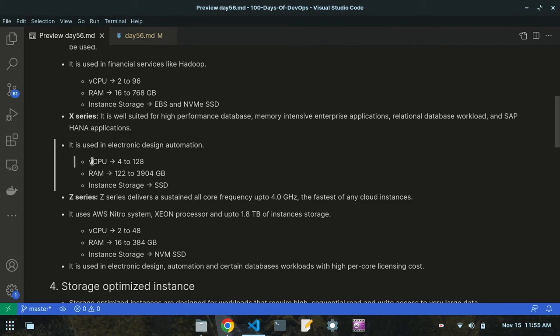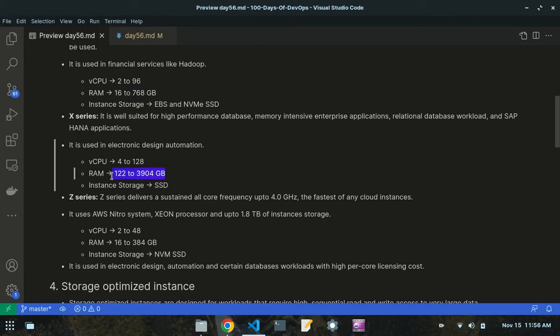As you can see, the virtual CPUs range from 4 to 128, but in the R series the virtual CPUs were 2 to 96. Similarly, the RAM is starting from 122 GB to 3904 GB, but in the R series the RAM was 16 GB to 768 GB.